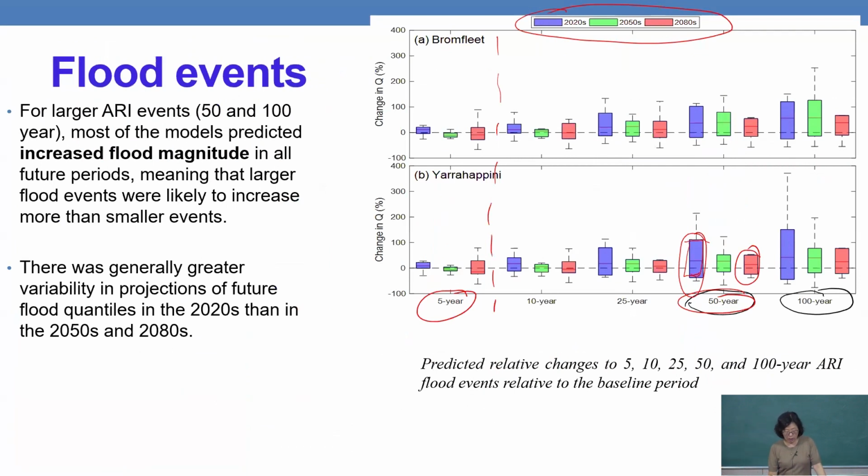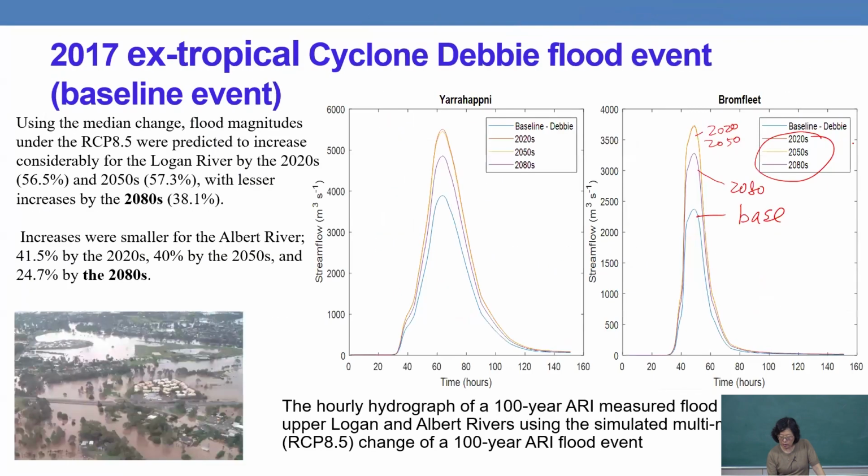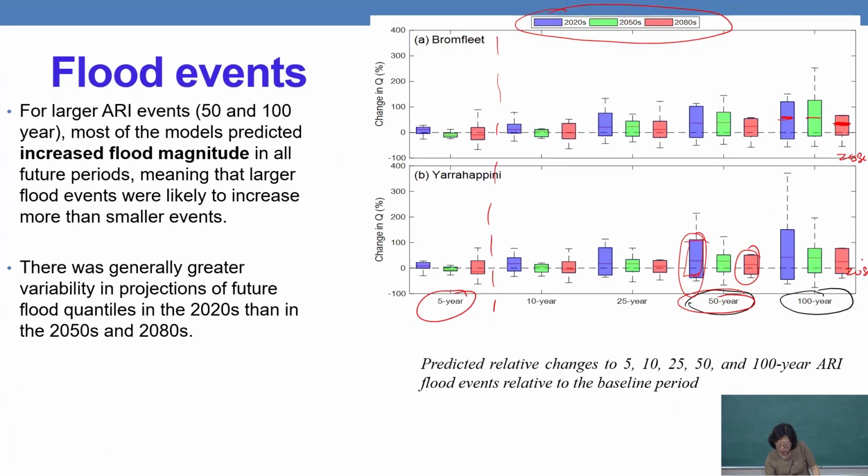So what you are able to see, if we use this data, this is the median. It's lower than the other two, right? This is a box diagram. So this is 2080. The other two are close to each other. Similarly, if you are looking at a 50-year event, the 2080 prediction is also lower than the other two periods.